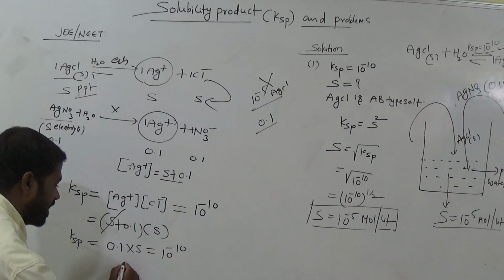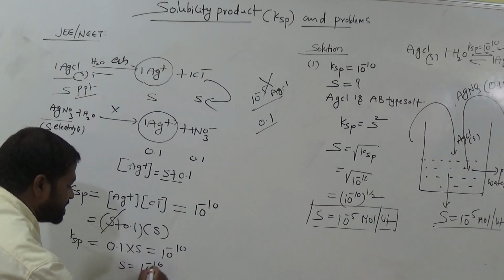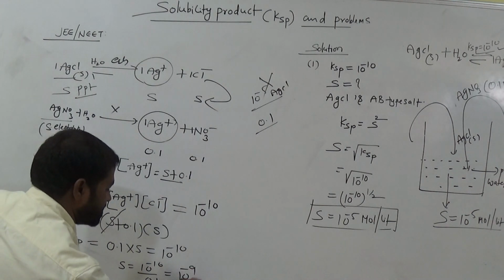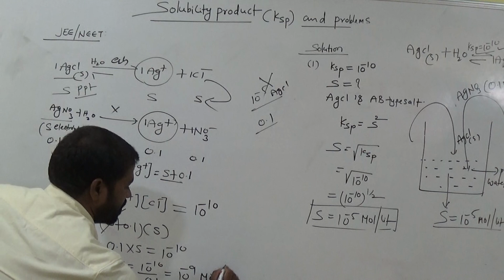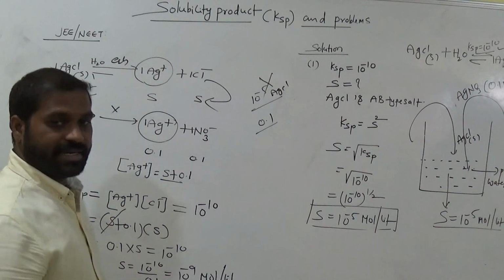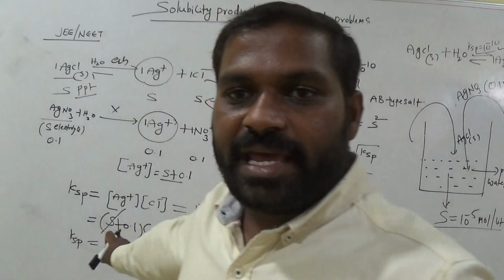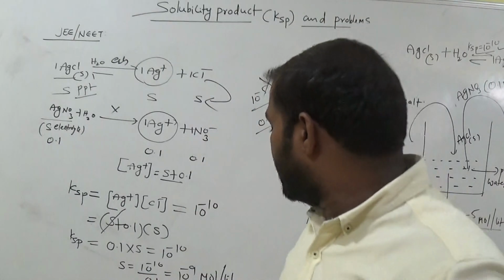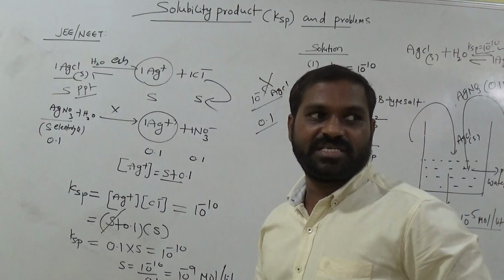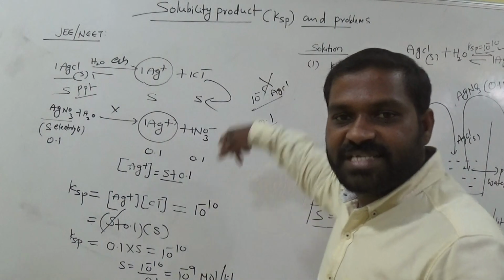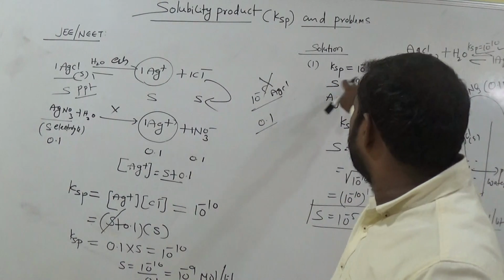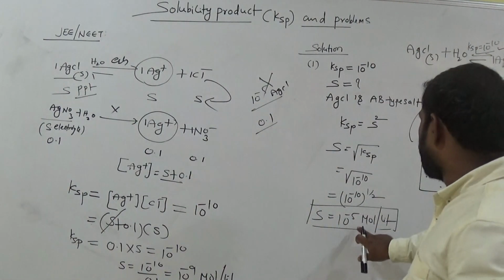From this one, what is the value of S? 10 power minus 10 by 0.1. So from this it equals 10 power minus 9 mole per liter. After adding AgNO3, the solubility of AgCl is 10 power minus 9. That means it increases or decreases? Initially, before adding any common ion, the solubility of AgCl in the first case is 10 power minus 5.